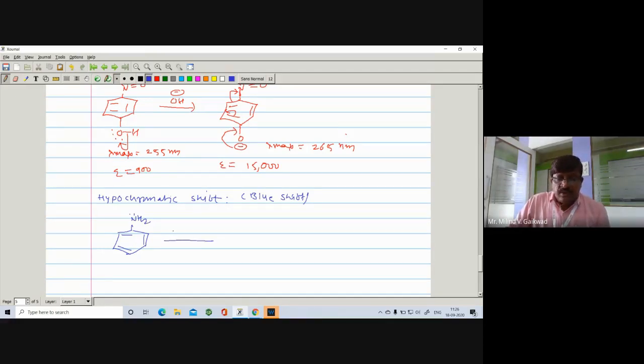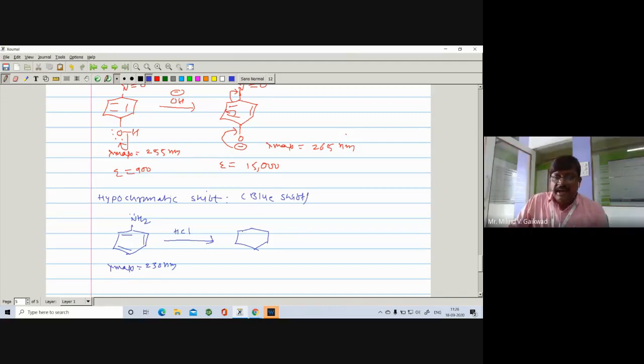Now when you measure its lambda max, here the lambda max is equal to 230 nanometer, right? And when you take the spectra in the presence of HCl acid, then the lambda max gets decreased. So a decrease in the lambda max is called a blue shift.